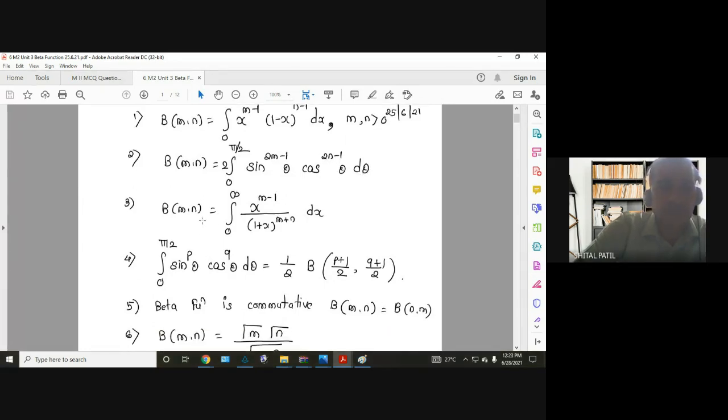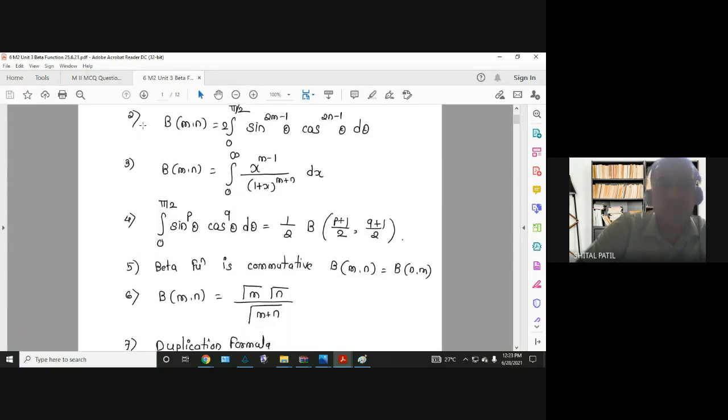Then beta mn equal to integration from 0 to infinity x raised to m minus 1 divided by 1 plus x raised to m plus n dx. Then using the second formula, integration from 0 to pi by 2 sin raised to p theta cos raised to q theta d theta is equal to half beta of p plus 1 by 2 comma q plus 1 by 2.